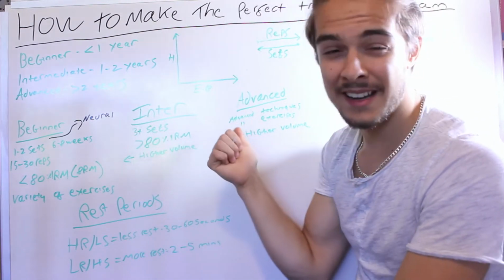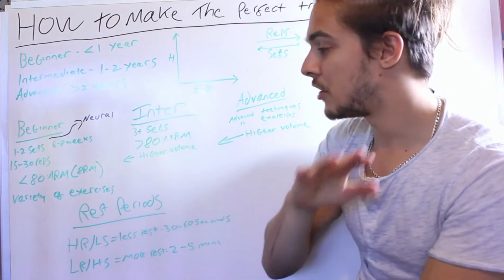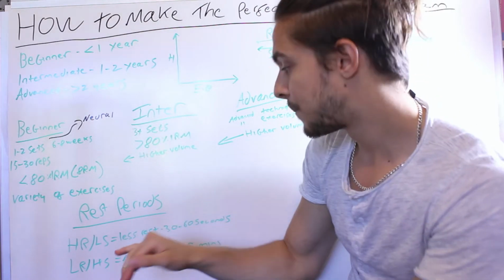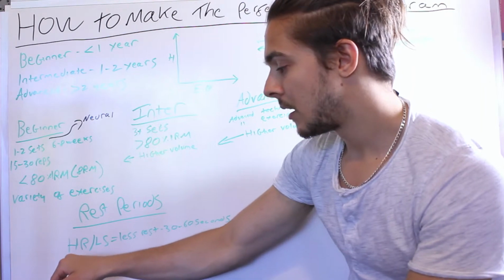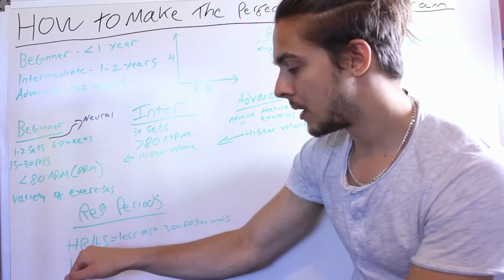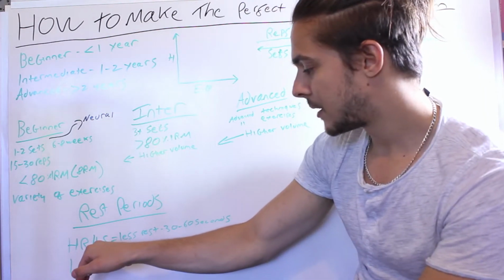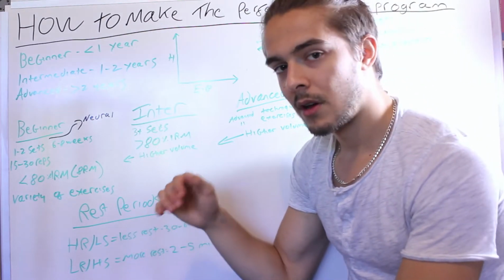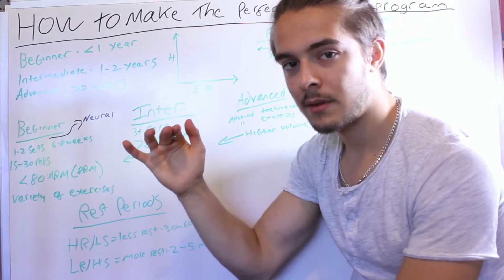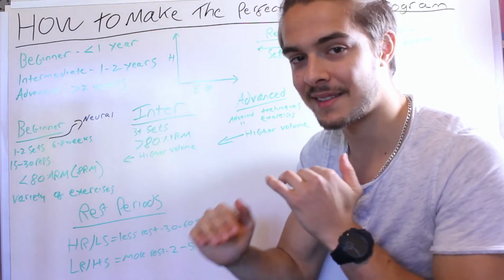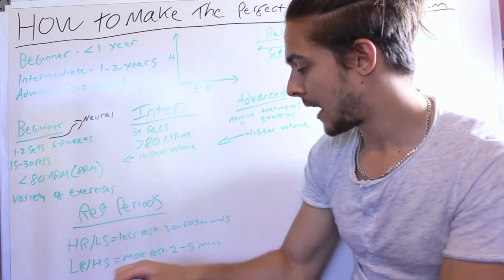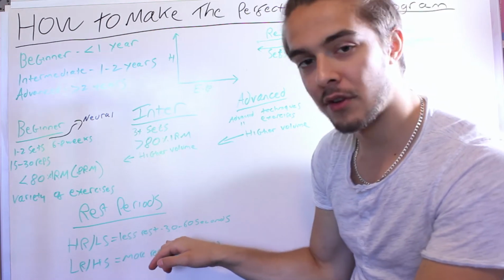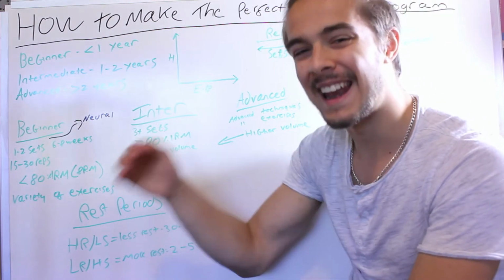When you're up to the advanced level, you can manipulate them more, but a general rule is that high reps, low sets is less rest. If you have high reps, that means that you have fewer sets, and you should be having 30 to 60 seconds rest, less rest.